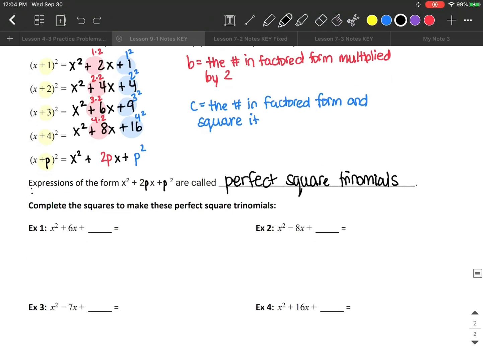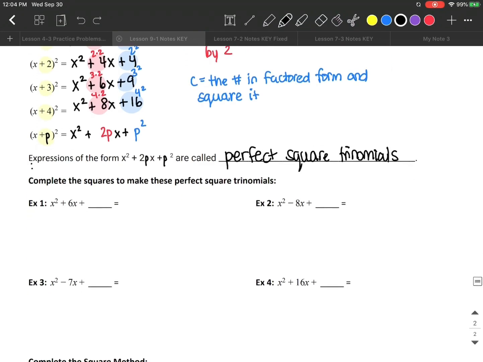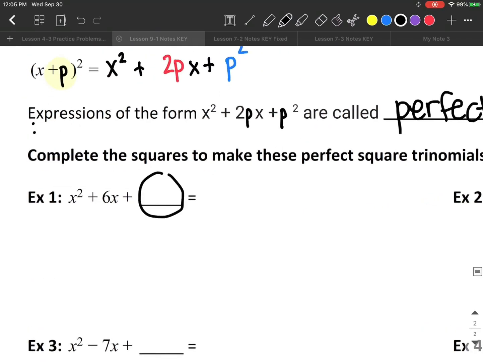All right. Now I'm going to complete the square of all of these things I have, and then I'm going to factor. So if I wanted to complete the square here, I wanted this whole thing to be a perfect square trinomial, I would have to find what number I'm going to put here. This is what I'm going to be doing for the complete the square method.